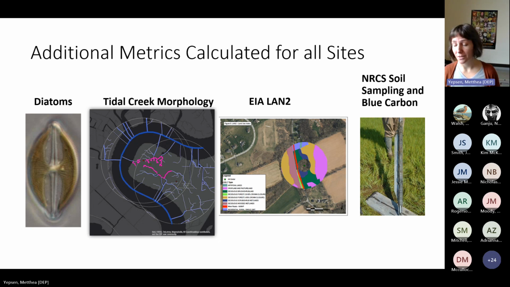And it'll be great, Joe, to take the research that you've done and see how we can apply that to the Tidal Creek morphology that we've figured out for each one of the sets. We've looked at land use around the area, and we've also partnered with NRCS to get soil cores collected in each one of these sites for both blue carbon purposes and also to have better tidal wetland soil maps.